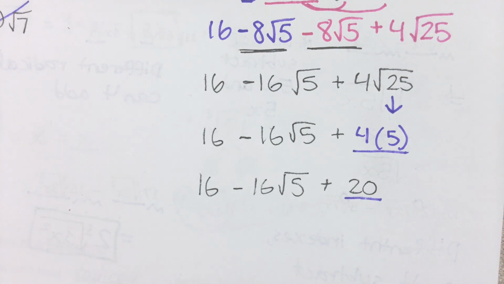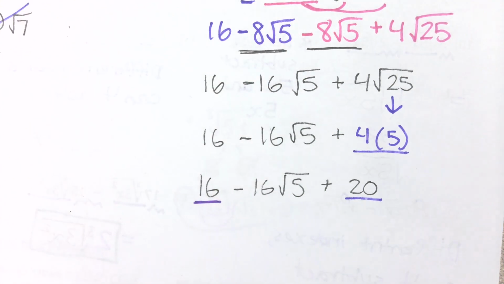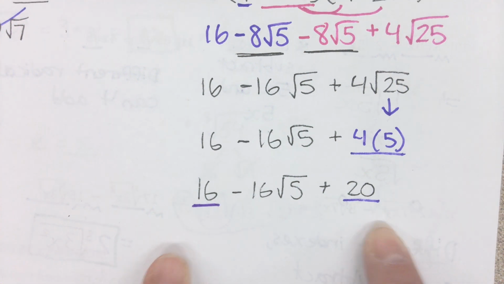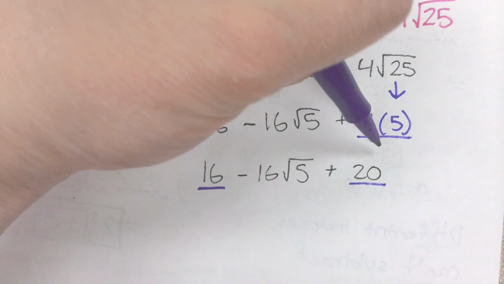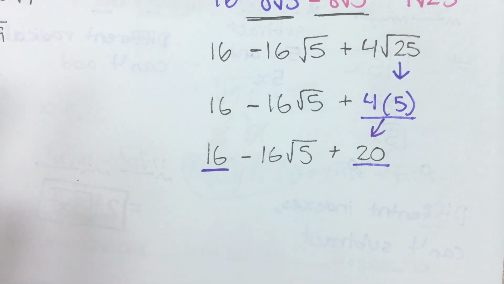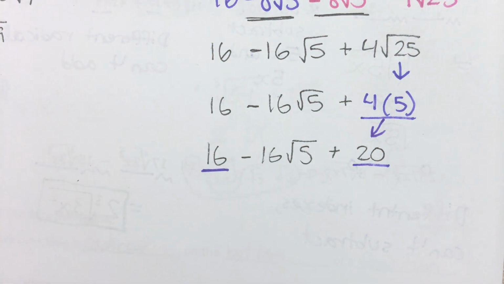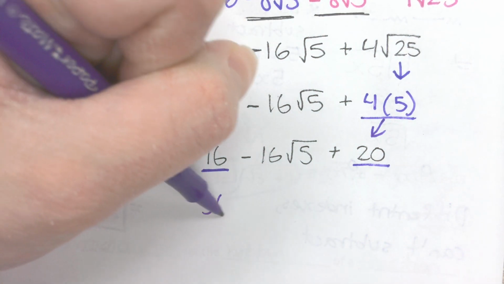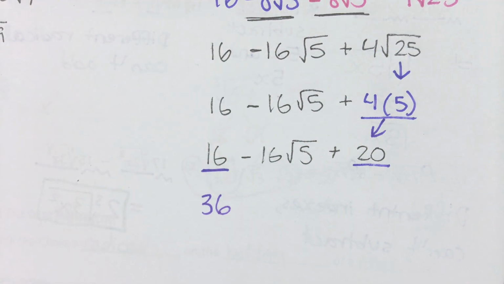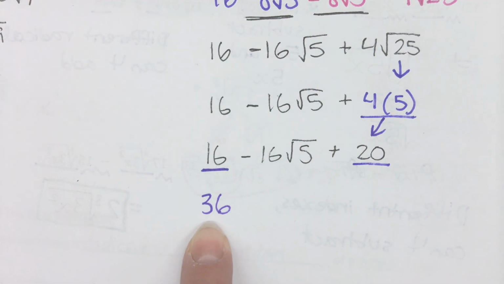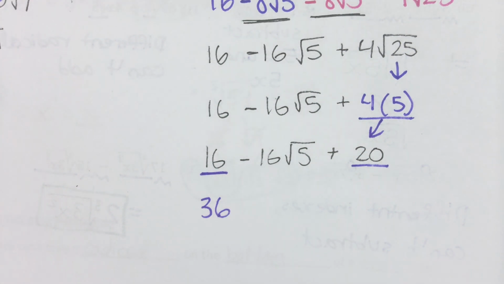And now I have another pair of like terms. 16 and 20 can be combined. They're both positive, so we're going to add. When we add that, we get 36. I'm not going to make a huge deal out of it if you don't do this, but the proper way to write these answers is to put the whole number that doesn't have a radical first.